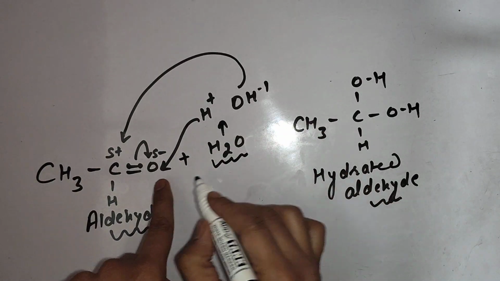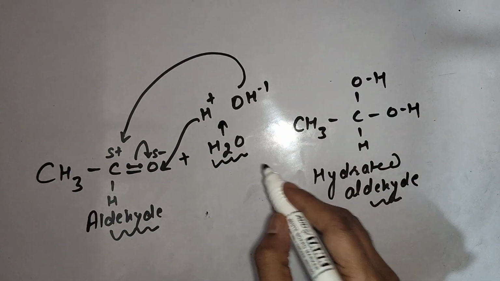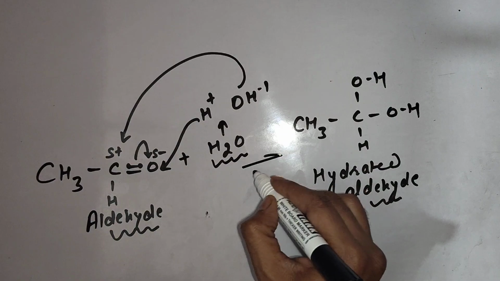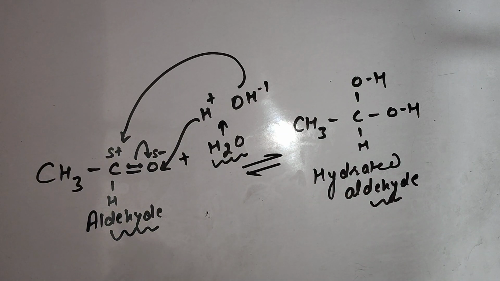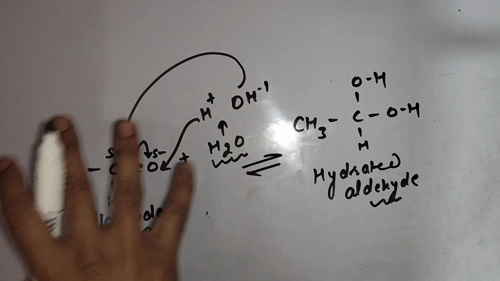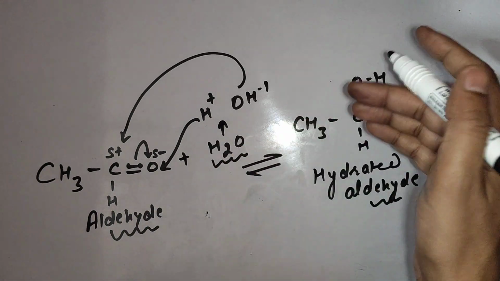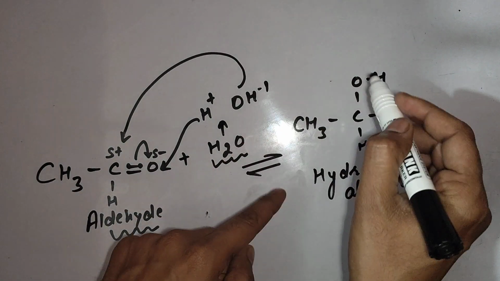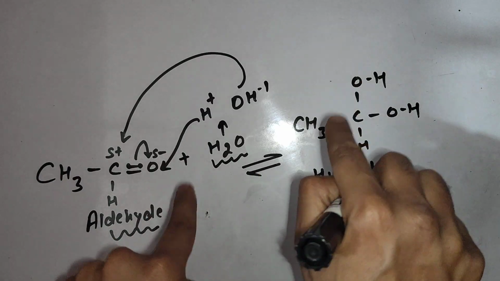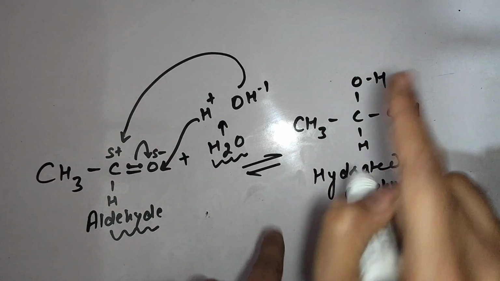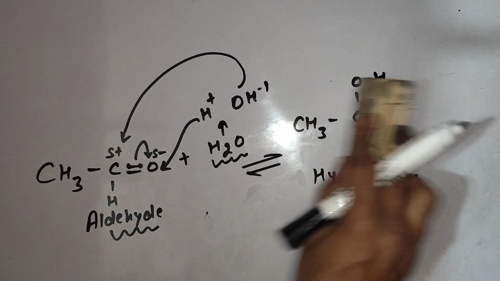And let me tell you, this aldehyde and this hydrated aldehyde will be in equilibrium like this. All aldehyde particles are not converting themselves to the hydrated molecule. Few are converting, and equilibrium will be set up there. Now this hydrated aldehyde will react with the next molecule of KMnO4. How? Let's check.